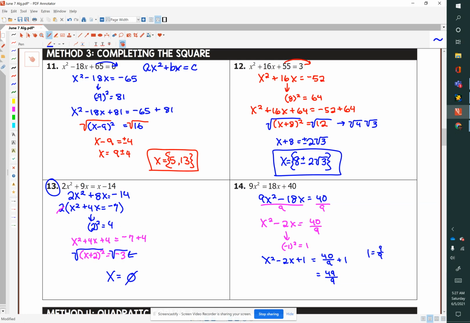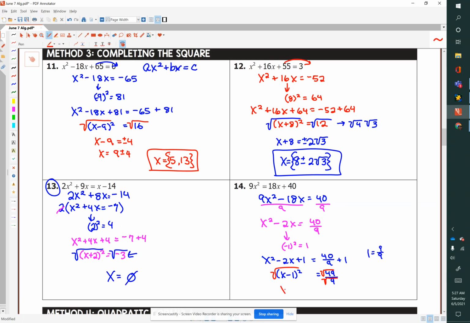We like that. On the left side, we need two numbers that add to -2 and multiply to +1. So that will be x minus 1 squared. And now we'll go ahead and take the square root of each side. And since we have these perfect squares, we can do that.